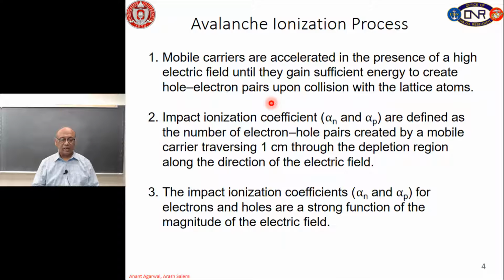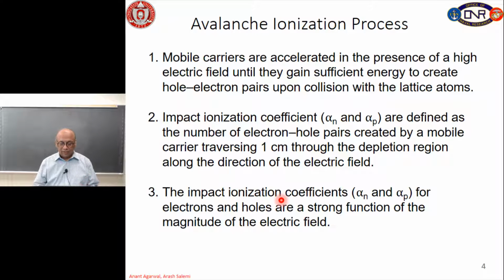And impact ionization is described by two coefficients, alpha n and alpha p, for electrons and holes, and they are defined as the number of electron hole pairs created by a mobile carrier traversing 1 centimeter through the depletion region along the direction of the electric field. So, if an electron travels 1 centimeter under the high field, it will create alpha n number of electron hole pairs, and same thing for holes.